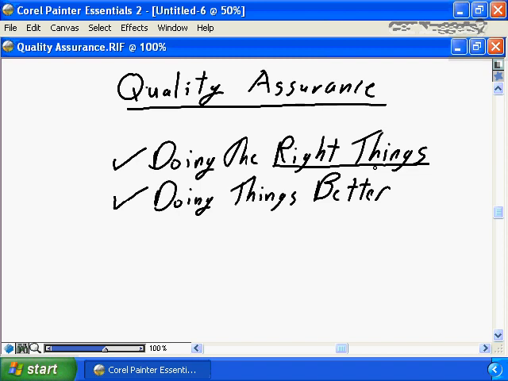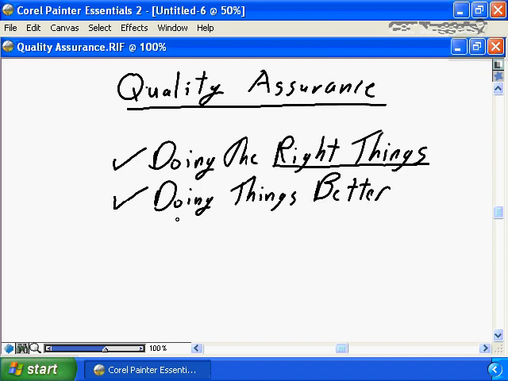Quality assurance is about reducing waste, doing the right things right the first time. Quality assurance is ensuring that non-value added activities are not contained in the project, but all of the right quality added activities are in the plan, and that you're doing the right things.